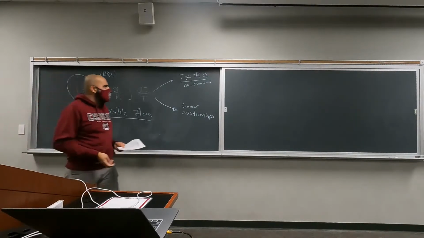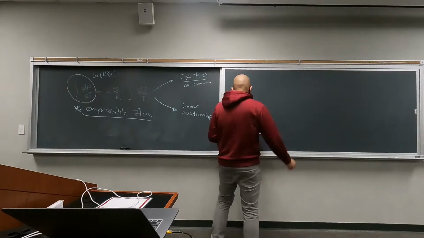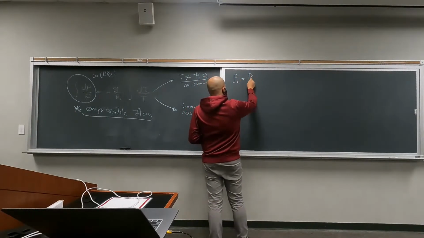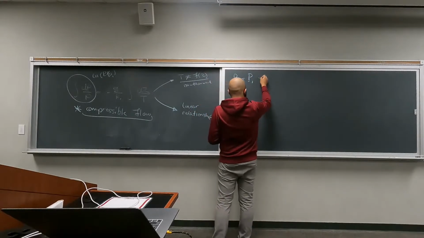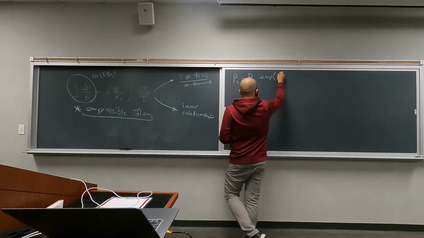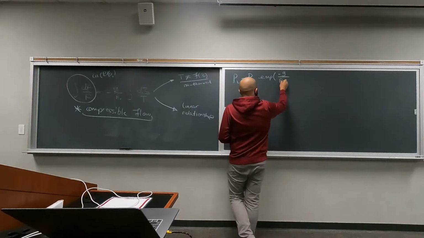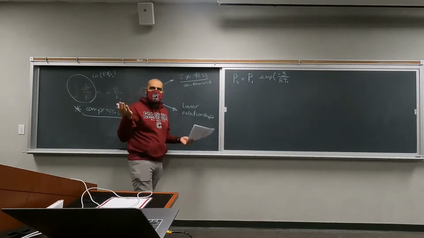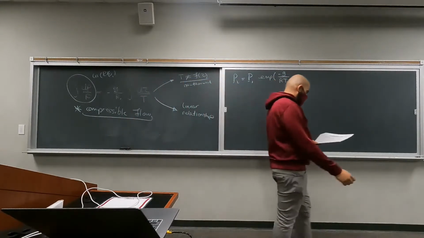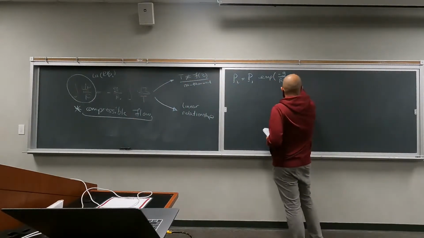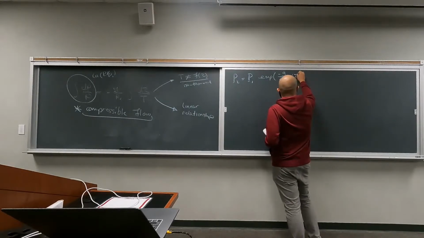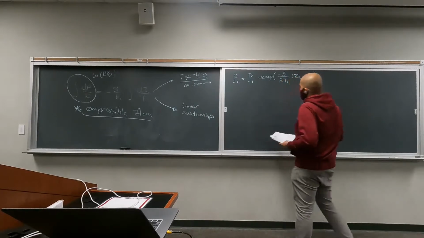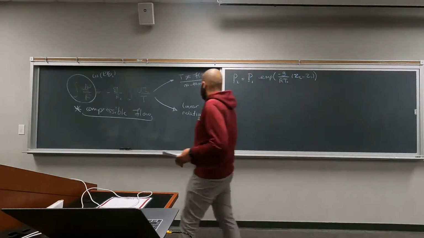For the isothermal condition, we ended up getting this equation: pressure at point 2 is equal to pressure at point 1 times exponential of negative g over R T0, which is your constant temperature and doesn't change with altitude, times Z2 minus Z1.